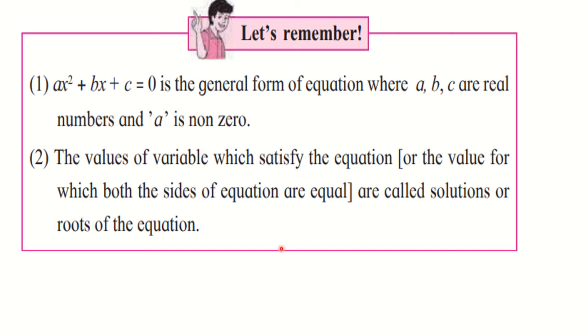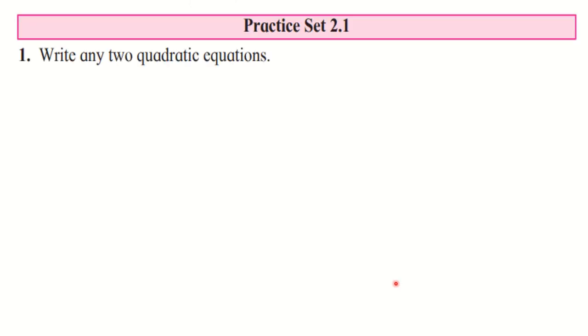Based on these 2 concepts, we have practice set 2.1. And in that, the very first question is to write any 2 quadratic equations. Such questions are called open-ended questions. That means each and every student is going to have a different answer for it.